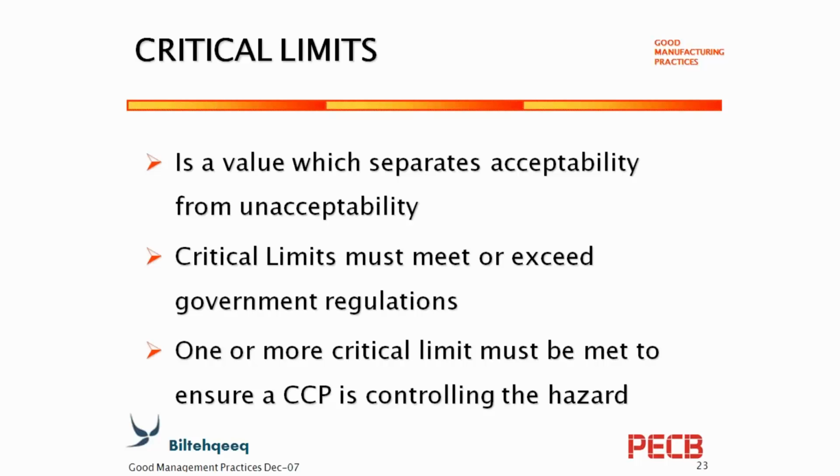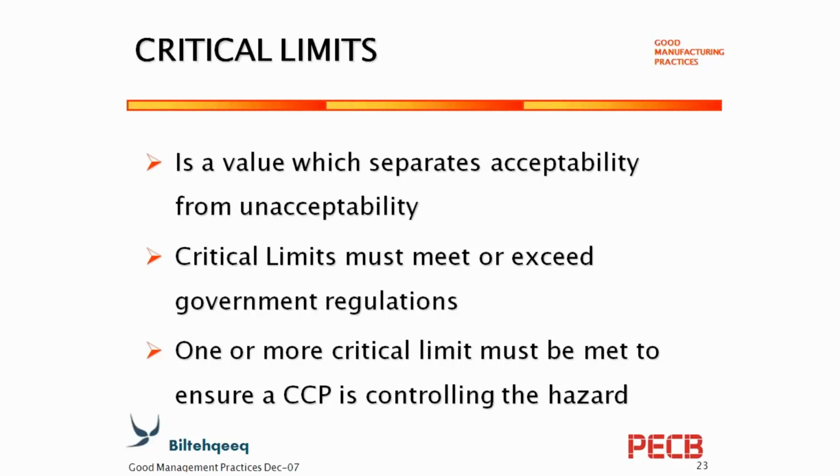Till now what we have gone through, there are many practices. By applying these practices, we can maintain our food safety management system in a better way, and we can prevent the hazards which can destroy our quality management system.